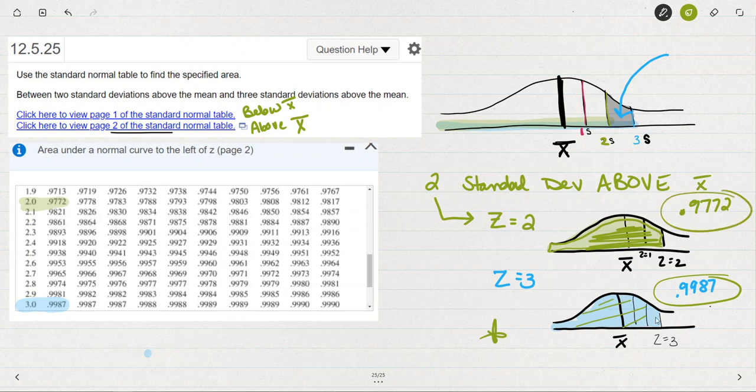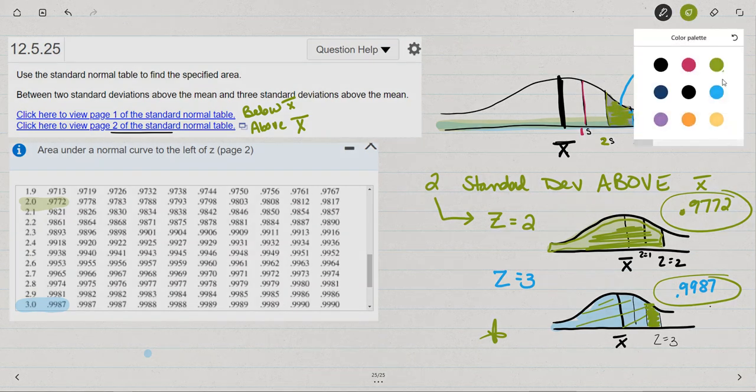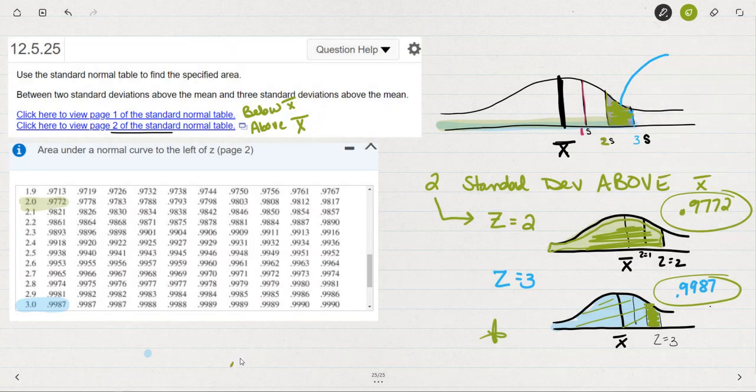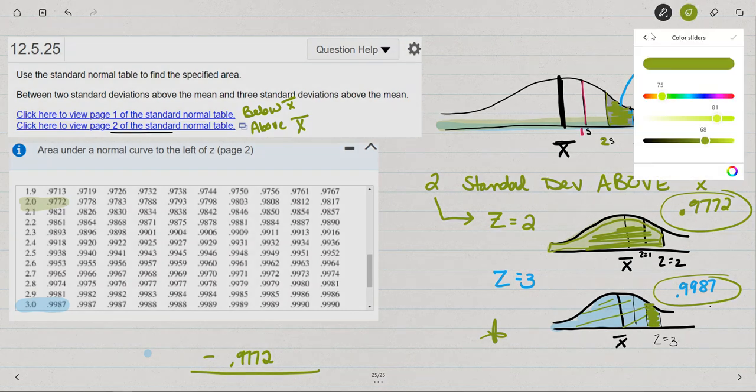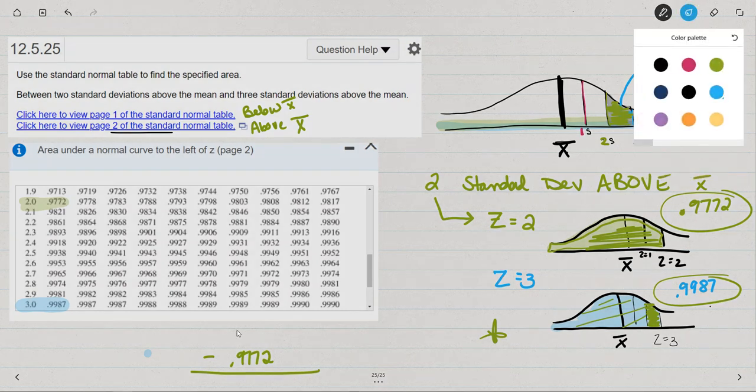So do you see that to find this part here, that's what the question's asking us to find, is this difference here. What we're going to do is subtract. So we'll subtract the 0.9772 from the blue 0.9987.